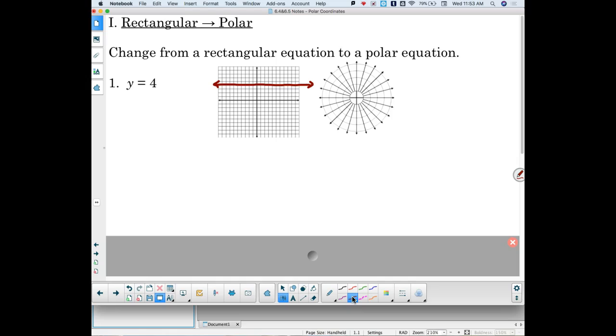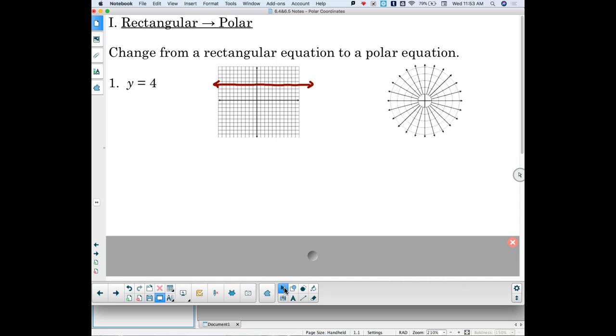All right. So what we need to do is convert y equals 4 into a polar equation, which will then allow us to graph it. Let me move this over a little bit. Hopefully this is movable. Oh, look at that. It is.